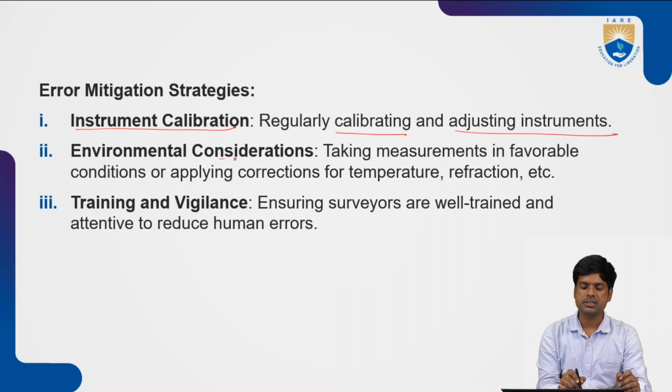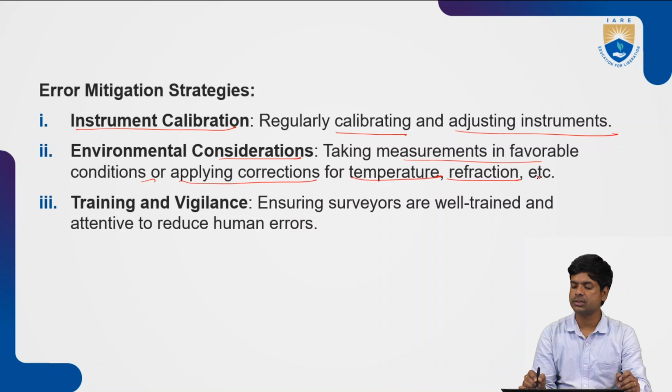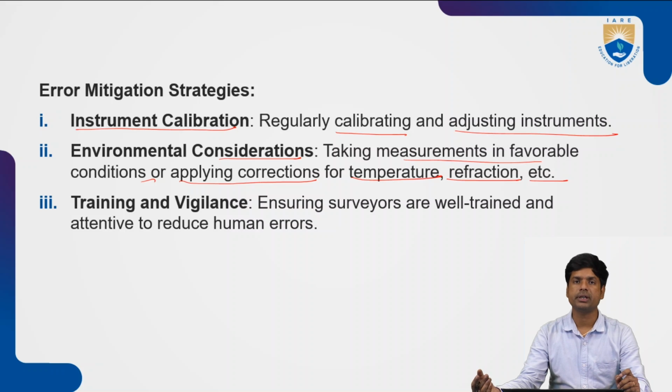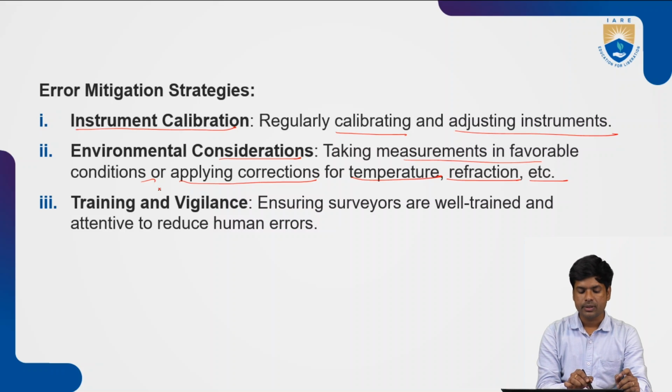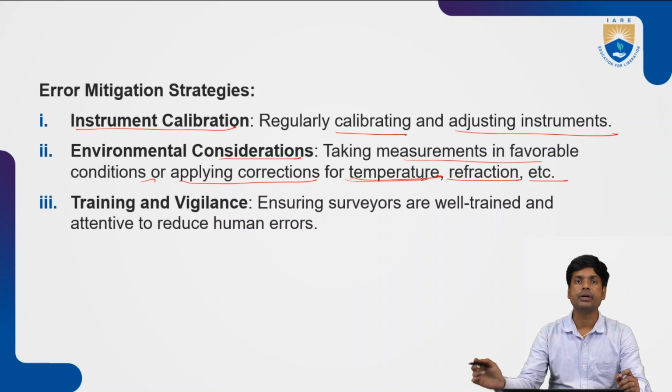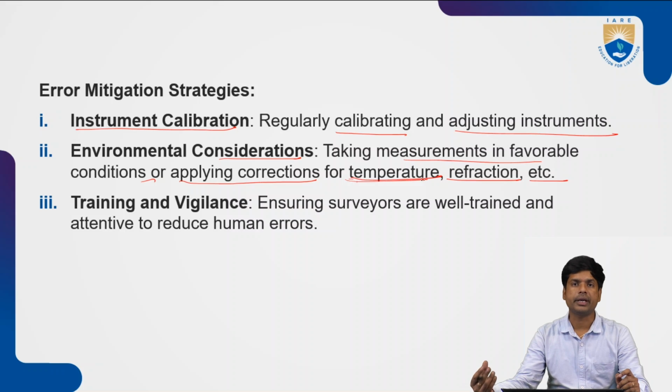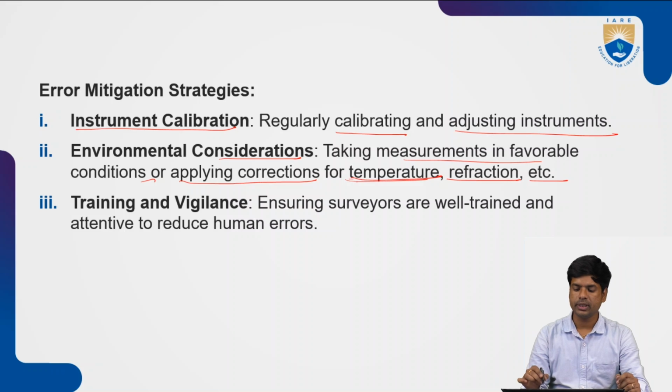And environmental considerations. Taking measurements in favorable conditions or applying corrections for temperature or refraction, etc. While doing the surveying, we have to consider the environmental conditions also. For temperature, we have to add the correction values, and for refraction also we have to add some correction value. These are environmental considerations.